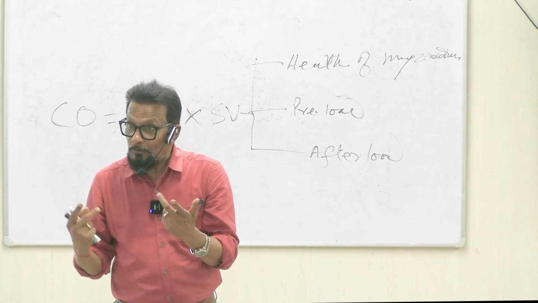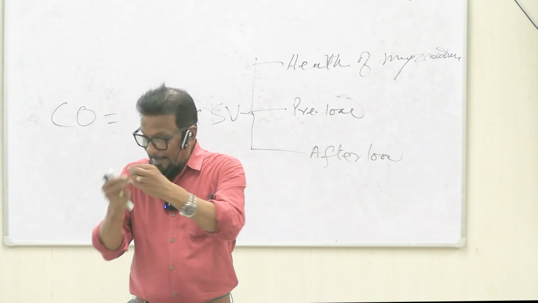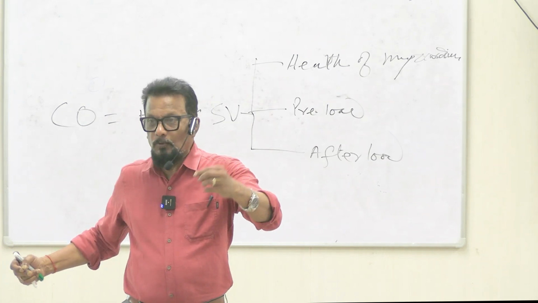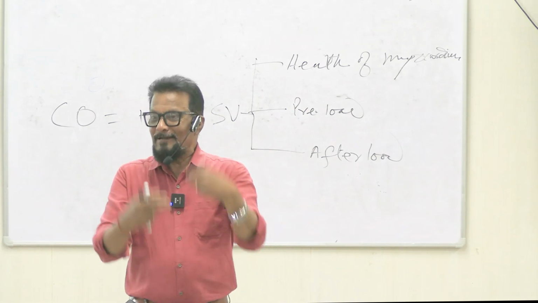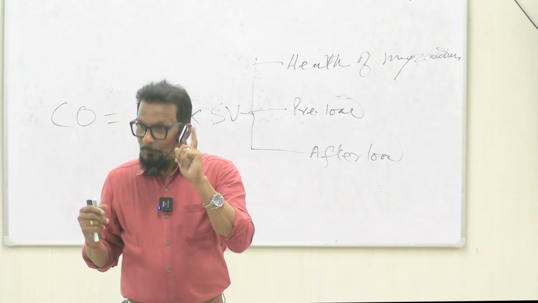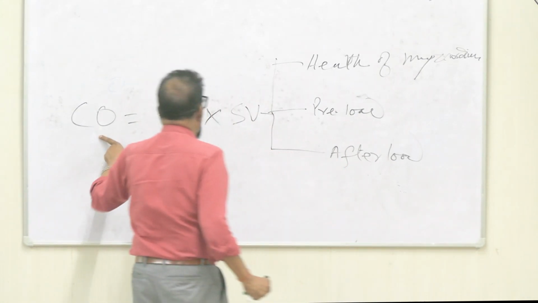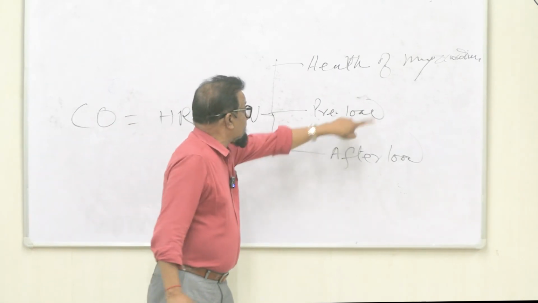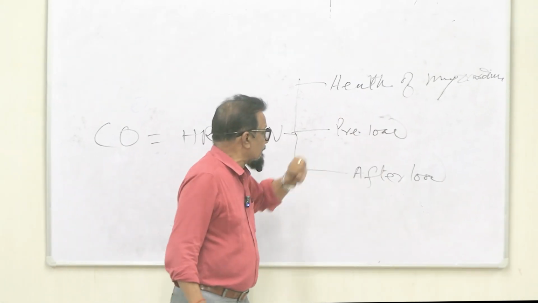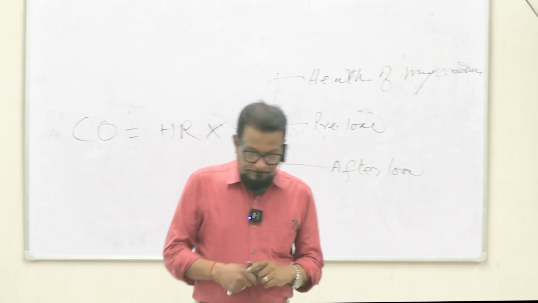If the preload is more, then muscle length will be more, force of contraction will be more, stroke volume will be more, and cardiac output will be more. So cardiac output depends on preload. And if preload is there, what is afterload? What is afterload?